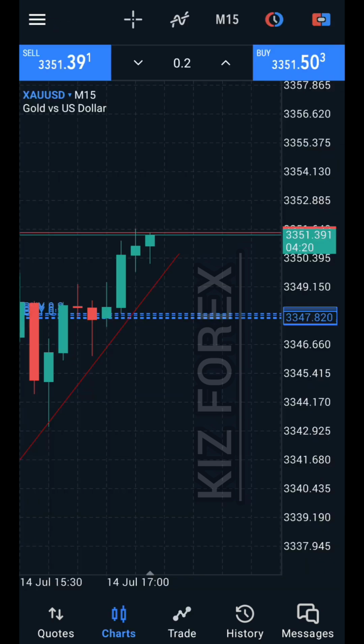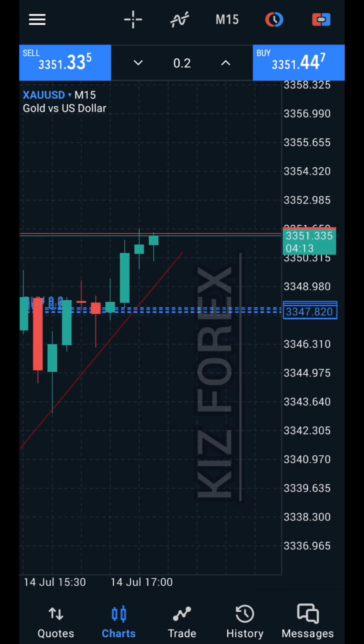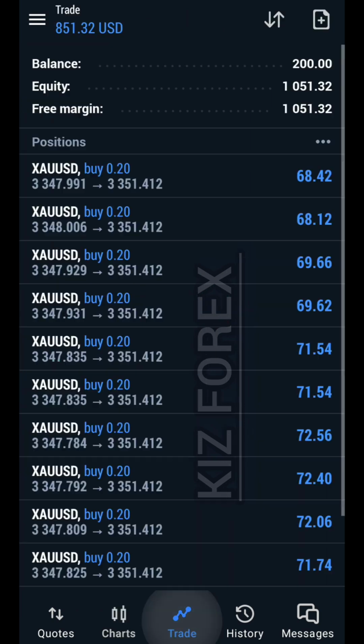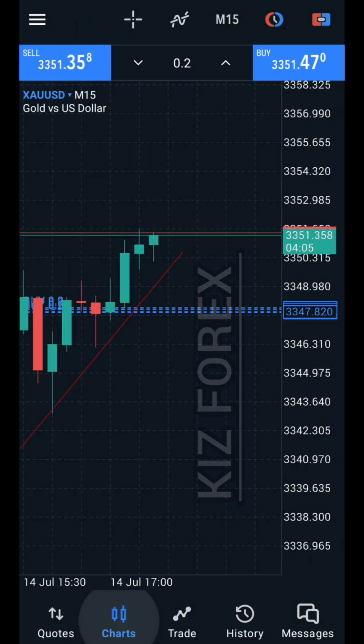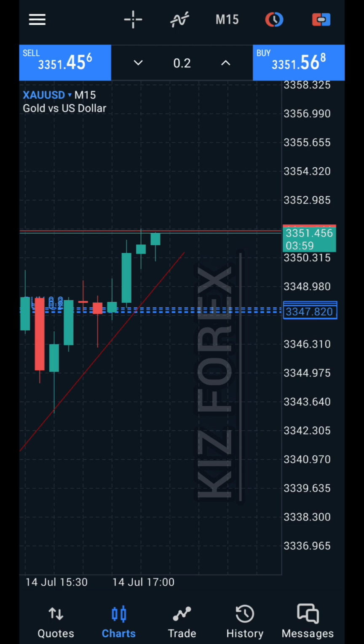Now we are back again, and as you can see, we have moved from our entry point into so much profit in the market. We're floating around $1,000 right now, and I think this profit is very good.